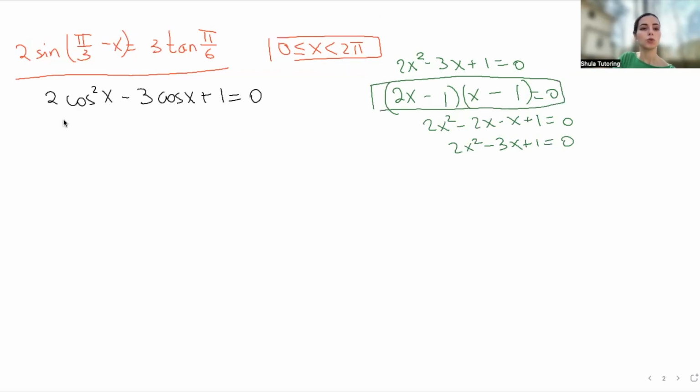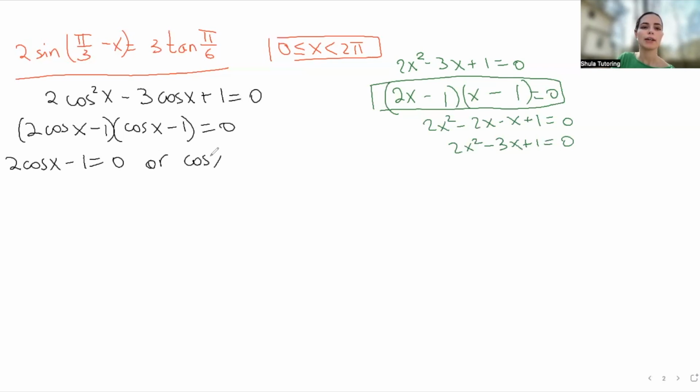So let's do the same thing here. Just use cosine x instead of our x. So we get 2 cosine x minus 1 multiplied by cosine x minus 1 is equal to 0. So now we just break it apart and we get a few solutions. So we say 2 cosine x minus 1 is equal to 0, or cosine x minus 1 is equal to 0, right?